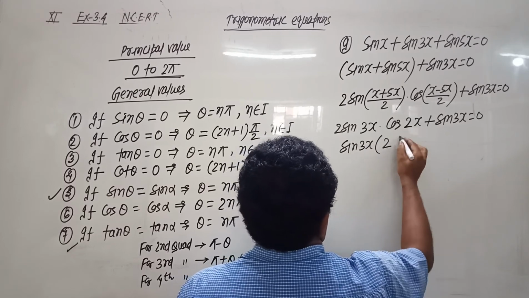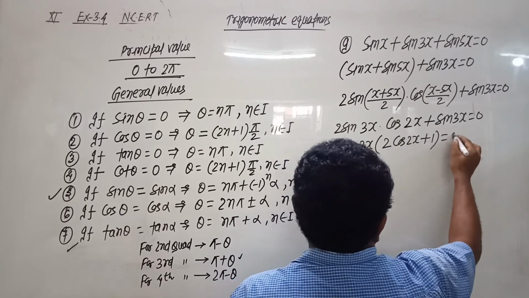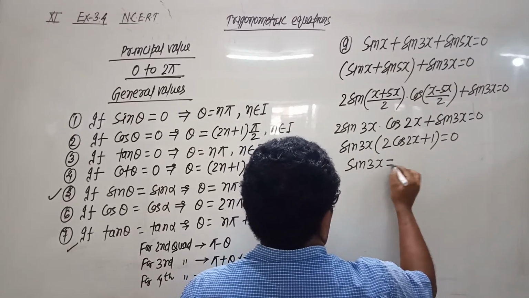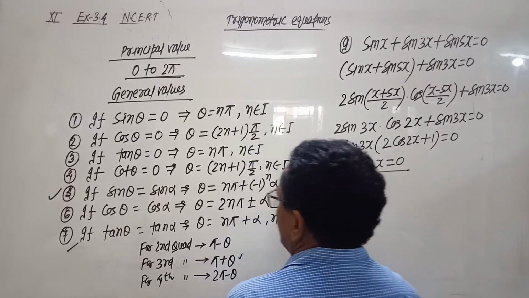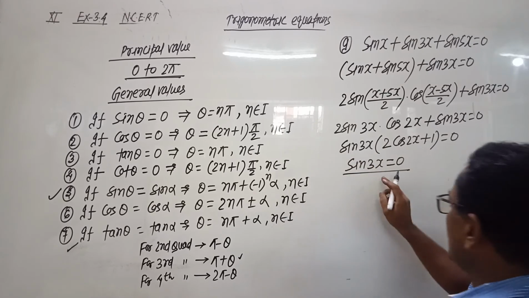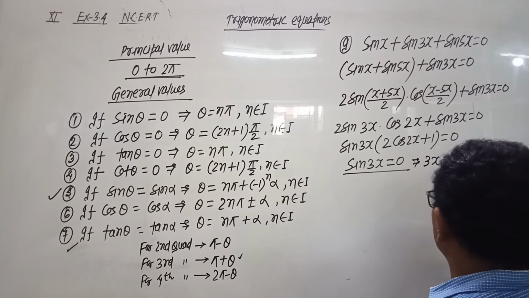So it becomes sin 3x times (2 cos 2x plus 1) equals 0. The first value: sin 3x equals 0. For the general solution we use the first formula, theta equals n pi, and the value of theta is 3x. So 3x equals n pi, and x equals n pi by 3.